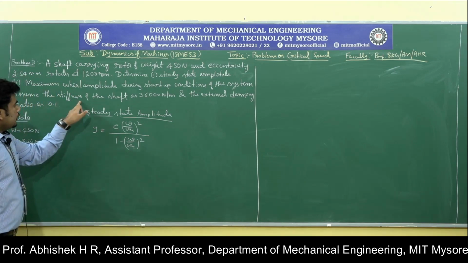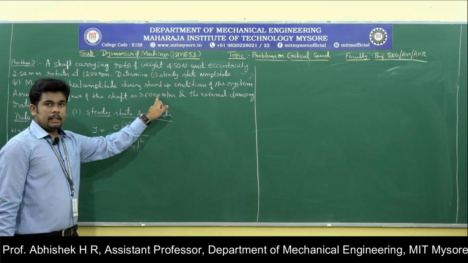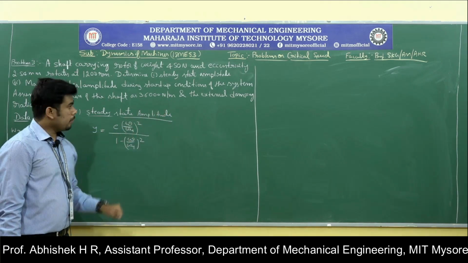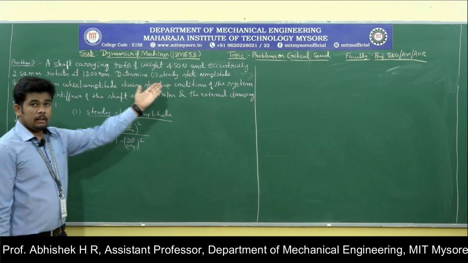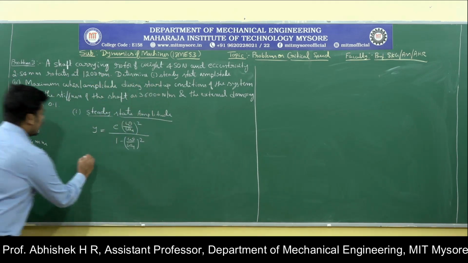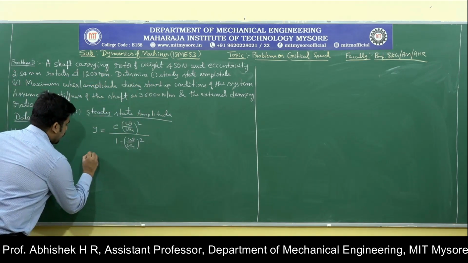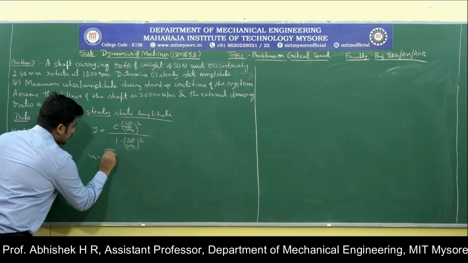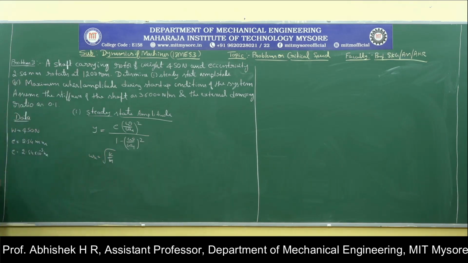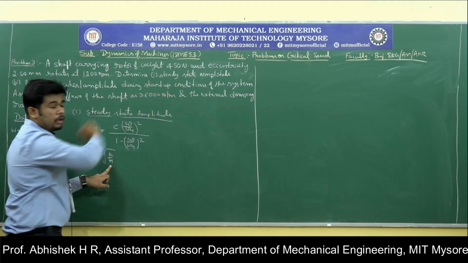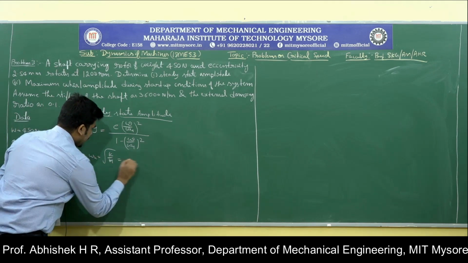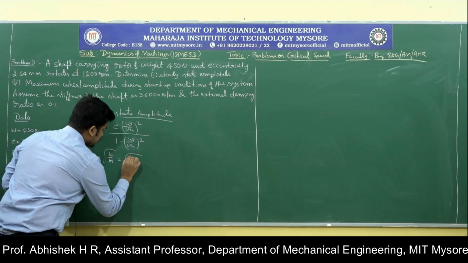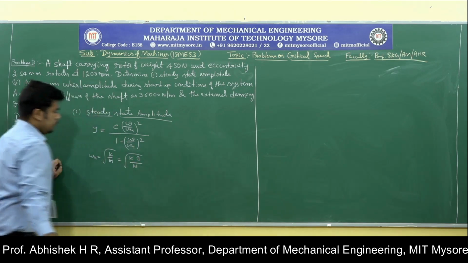The stiffness of the shaft is given as 36,000 Newton per meter, but the weight is in Newton, so omega n is equal to square root of k into g by w.